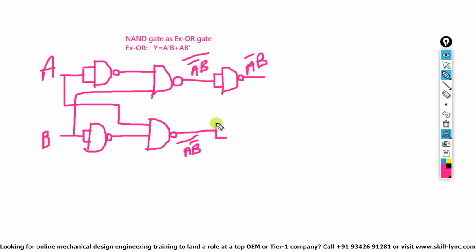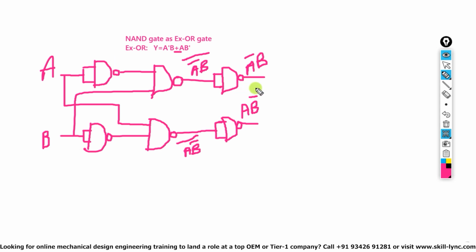Similarly here also, because we are getting the A B bar in complement form and we want only A B bar, we put a NOT gate and it becomes A B bar. Now up to this point we have achieved A bar B and A B bar. Now we want an OR of these two terms.